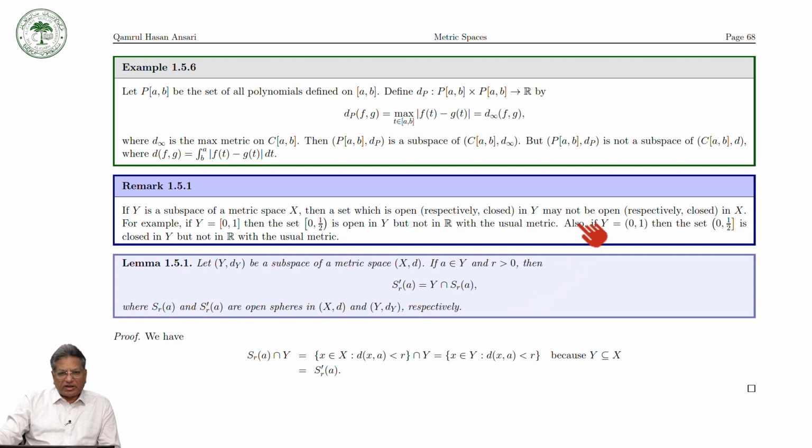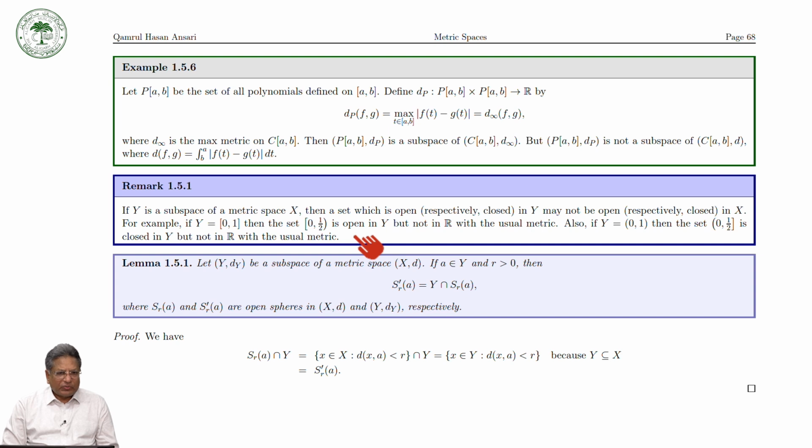Also, if we consider Y equal to the open interval (0, 1), then the set (0, 1/2], which is half closed, is closed in Y, but it is not closed in R with respect to the usual metric. Now this we will see later.